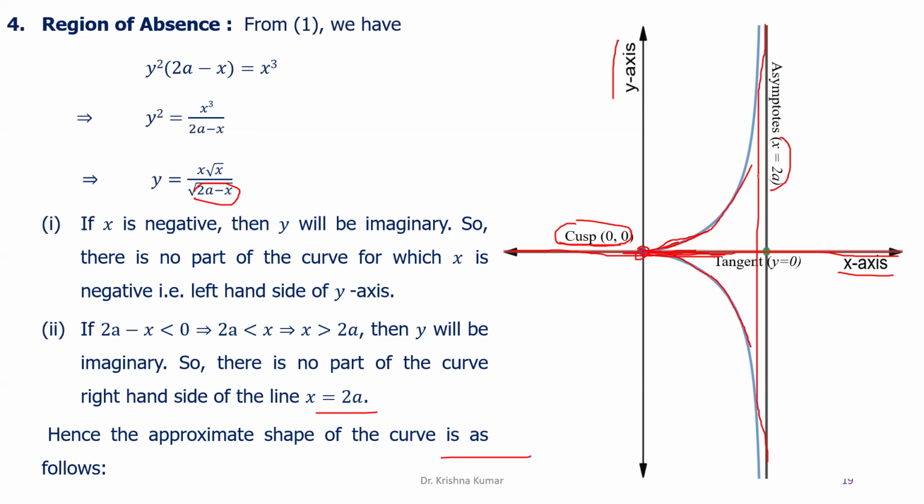If the value of x is negative, then y will be imaginary, and if x is greater than 2a, then y will also be imaginary. So there is no part of the curve on the left hand side of the y-axis or on the right hand side of the asymptote x equal to 2a. This is the approximate shape of the given curve.